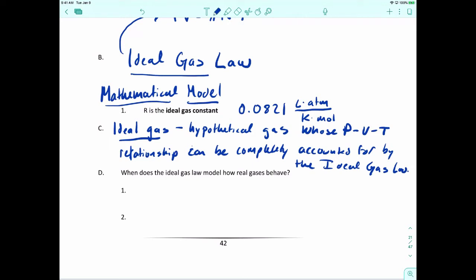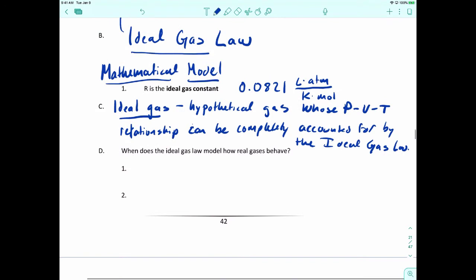All right, so if an ideal gas is a hypothetical gas, when does the ideal gas law actually model real gases? It turns out that the perfect temperature and pressure for the ideal gas law to work is 273 K and 1 atm.